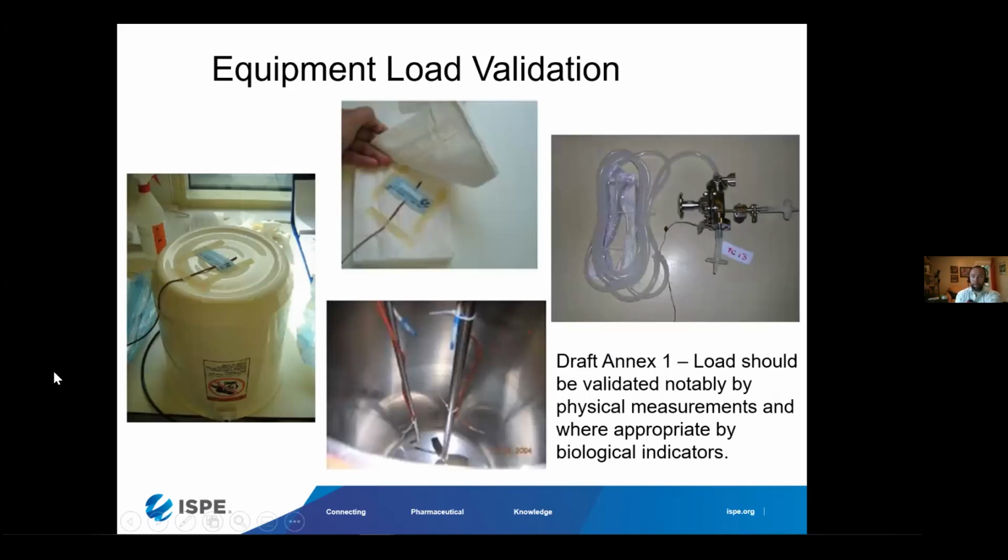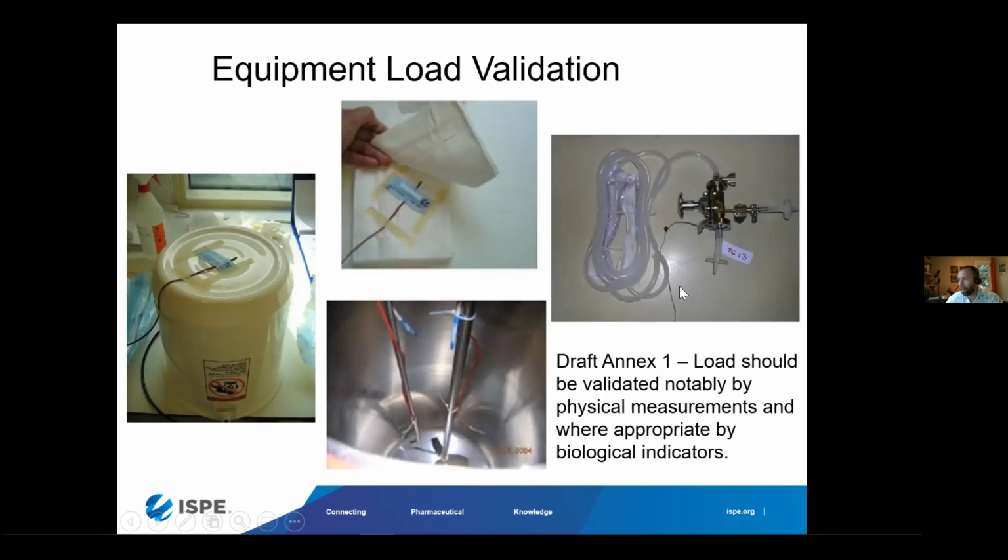A couple photographs here. Usually I would demonstrate this in person, but I included some photos here of biological indicator placement. Specifically, I like this one on the right. This is a long stretch of tubing with a filter assembly and some aseptic fittings here, stainless steel fittings.